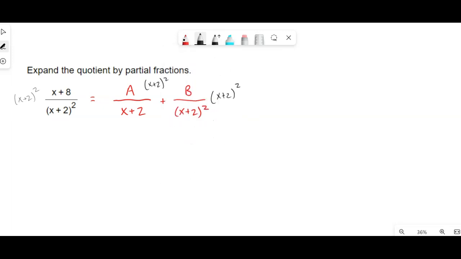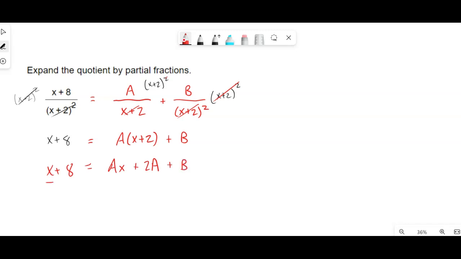All right, the LCD is always going to be whatever the denominator is on that left-hand side. When I multiply, I'm just going to get the x plus 8 on the left. On the right, one x plus 2 is going to cancel, and I have A times x plus 2. And on the other one, everything's going to cancel, and I'll have just B. So I have Ax plus 2A plus B. All right, and now if you look at what I have, my first equation says, this is 1x, by the way.